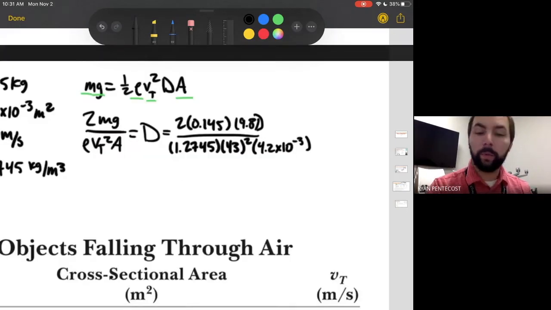Now, let's put that in our calculator and see what we get, see if it's a usable number. All right, and we get 0.287.